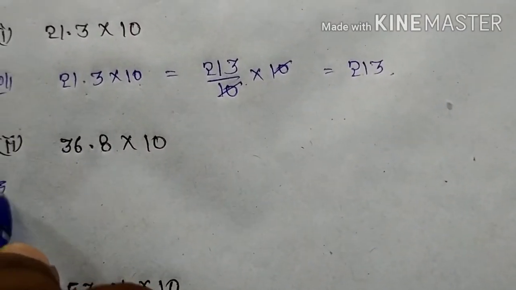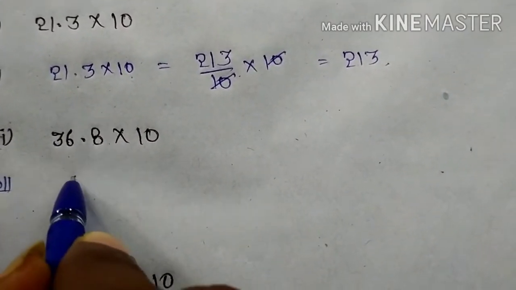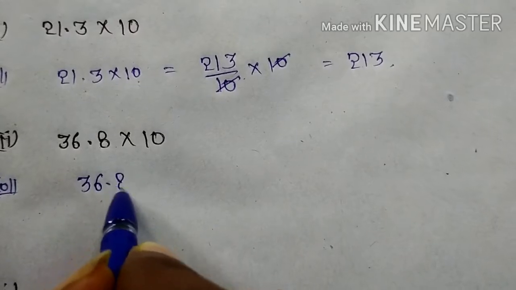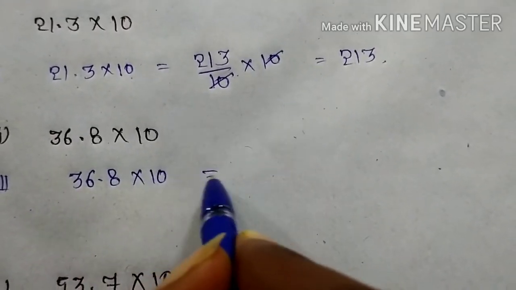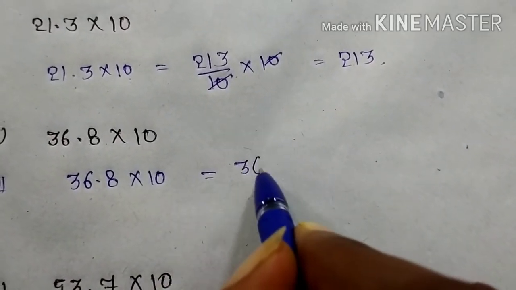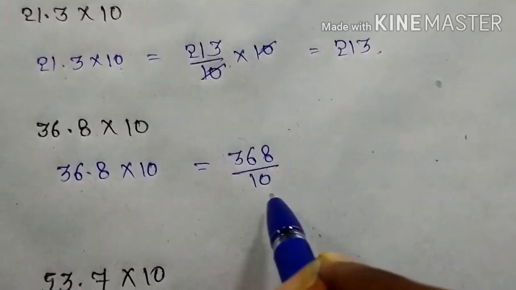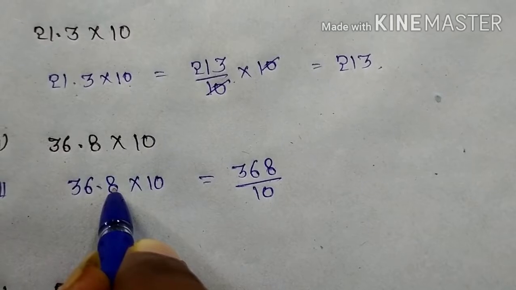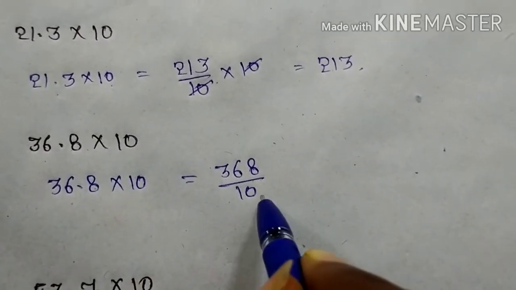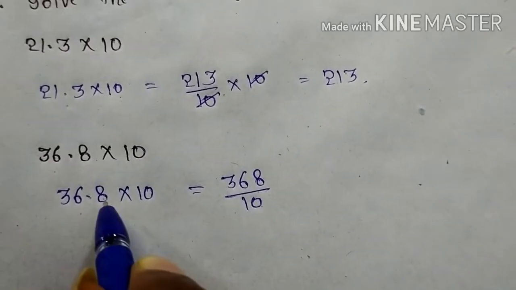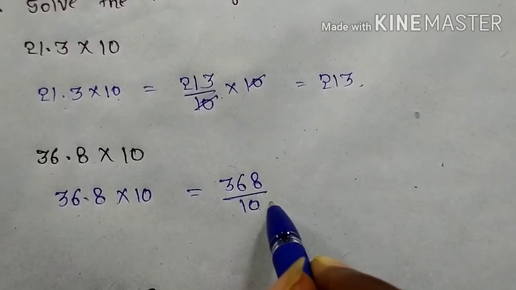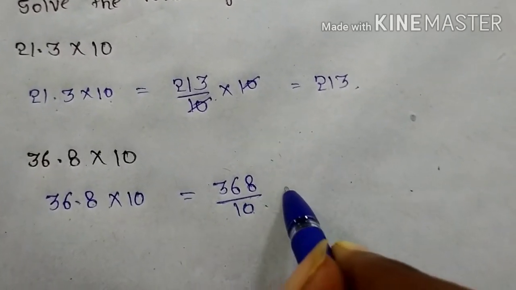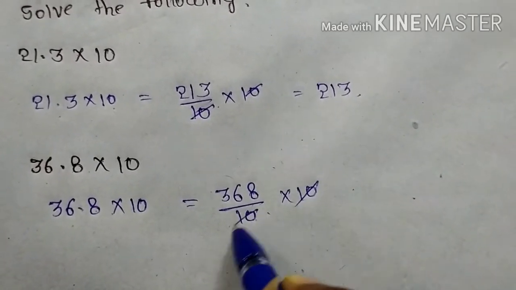In the similar way, observe the solution: 36.8 into 10. 36.8 can be written as 368 by 10. Yes or no? Why? Because after the decimal point there is only 1 digit, so I kept only one 0. If there are 2 digits, you keep 2 zeros, 100. Into 10, 10 should be cancelled.